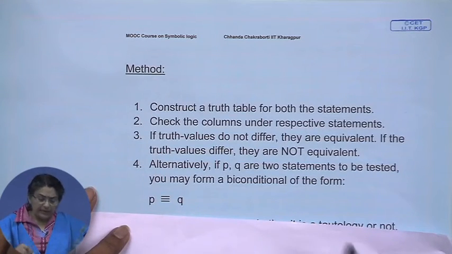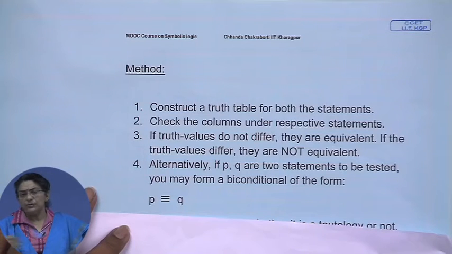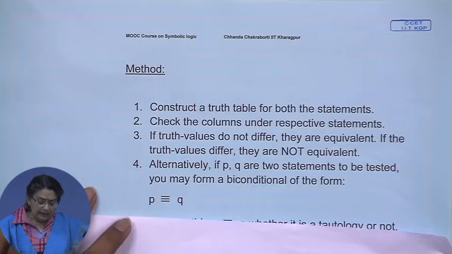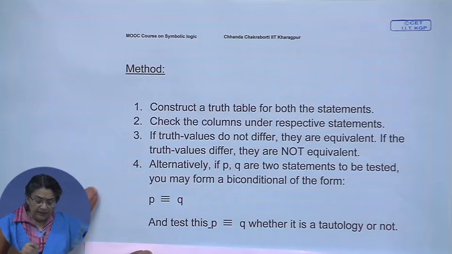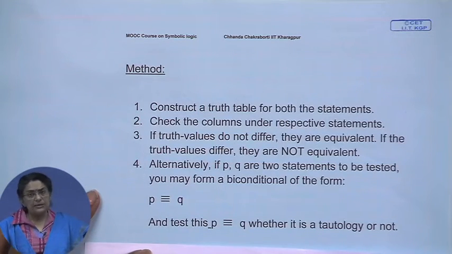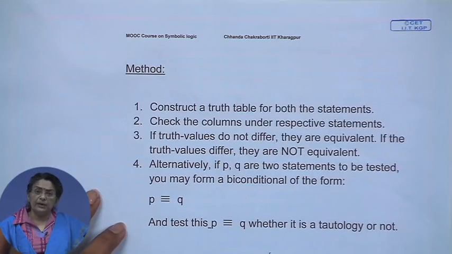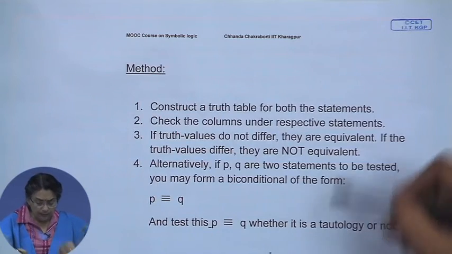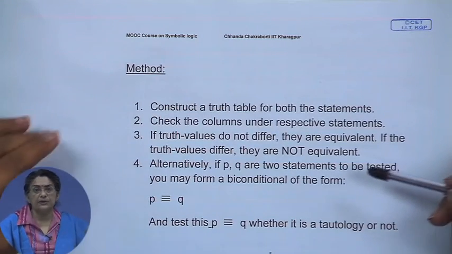Once you form that, just do the regular truth table on P triple bar Q, and if the P triple bar Q comes out to be a tautology, you know P and Q must be equivalent. If it does not turn out to be a tautology, you also know the answer, that P and Q cannot be logically equivalent. Both are accepted approaches.